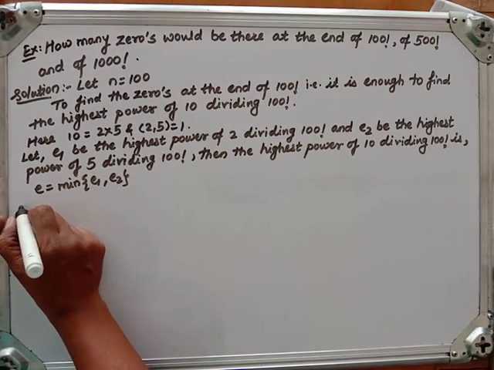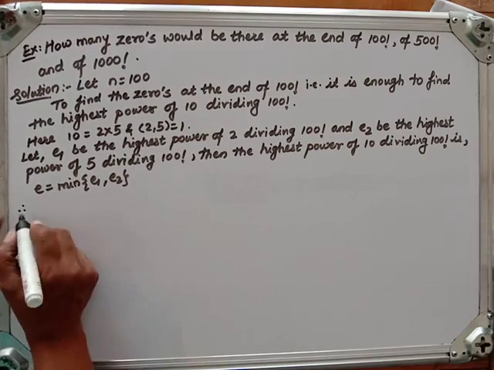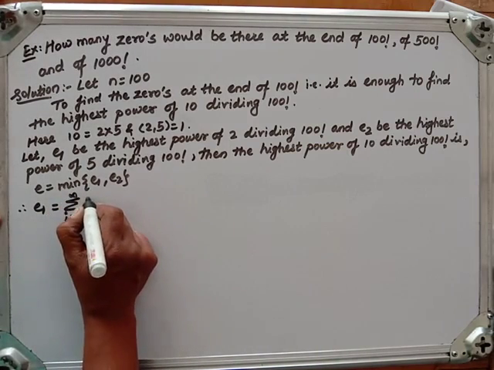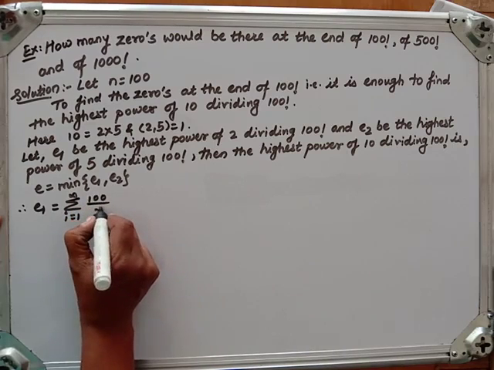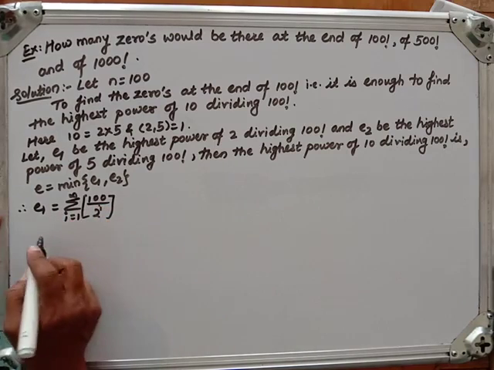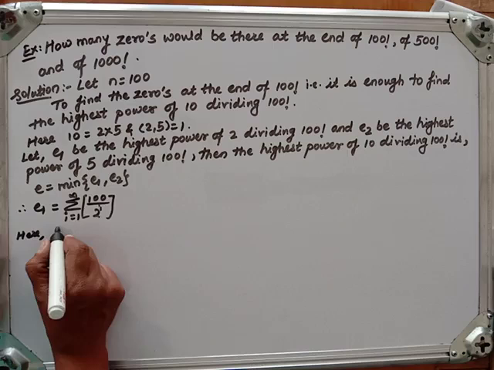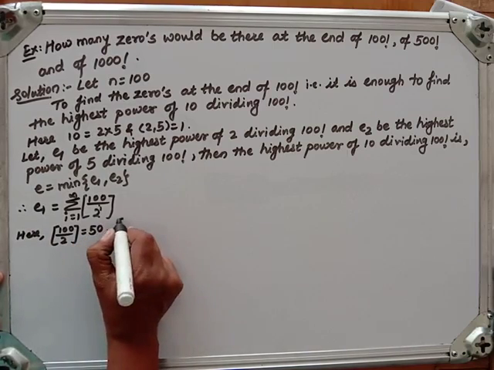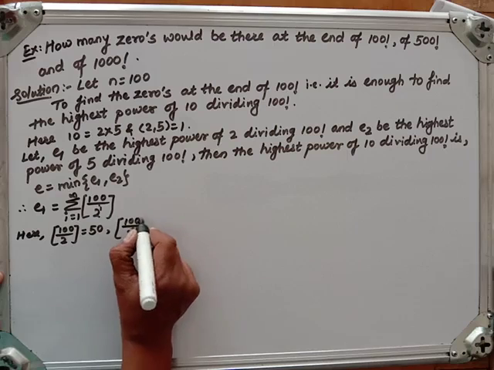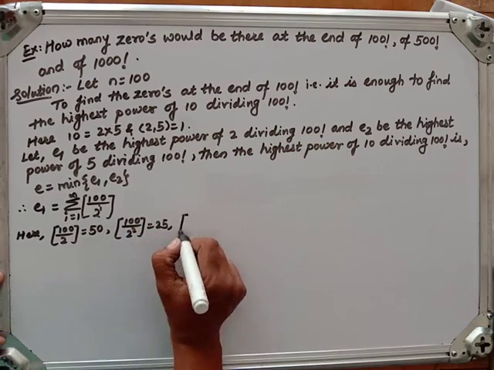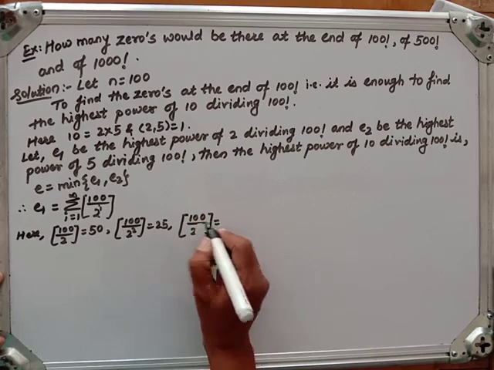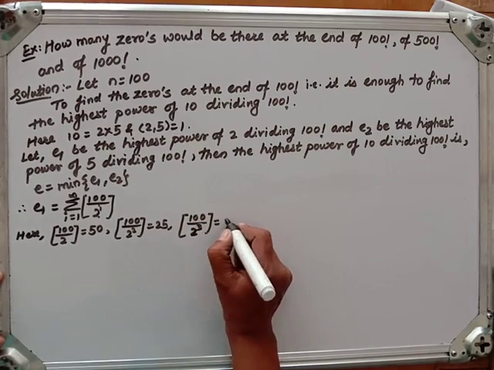Now therefore E1 is what? Summation I from 1 to infinity, floor of 100 upon 2 raised to I. So here 100 upon 2 will be 50. 100 upon 2 square will be 25. 100 upon 2 cube will be 25 by 2, so it will be 12.